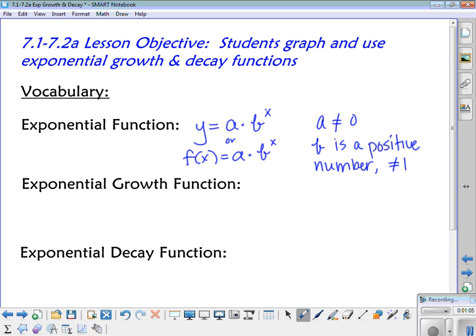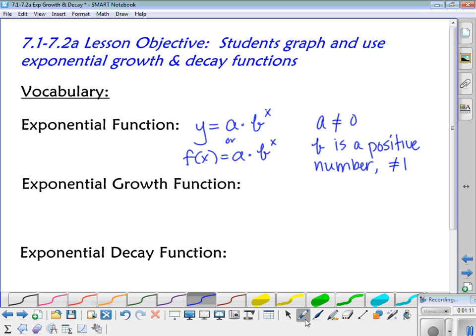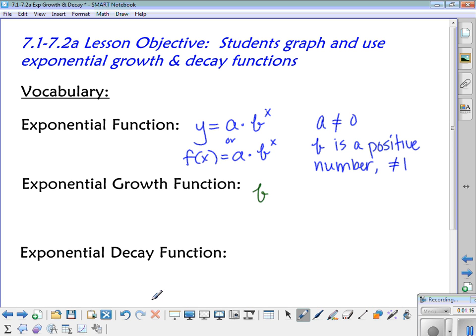All right, so when we're talking about exponential growth, for a growth function, that means my base is greater than 1. And so the graph rises as we go left to right.